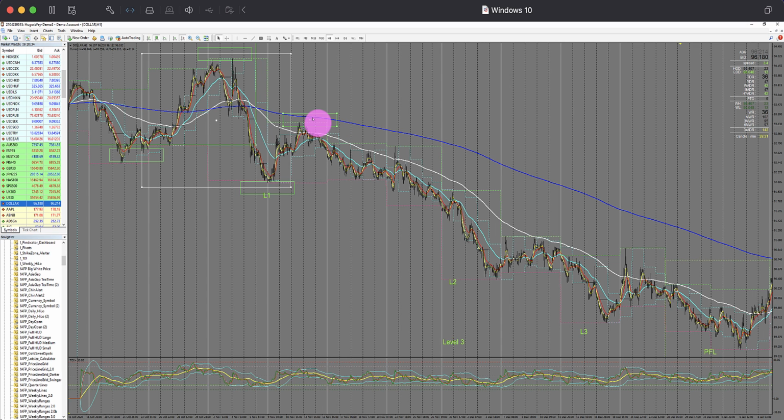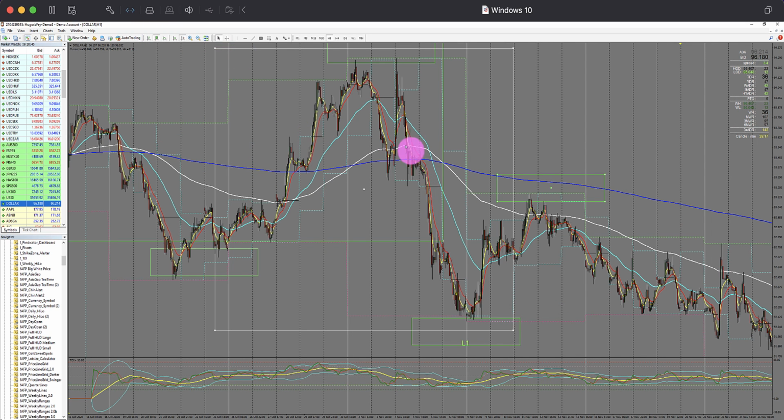Okay, so this is that 1H4 push of level 1. There were a few cycles here, intraday.